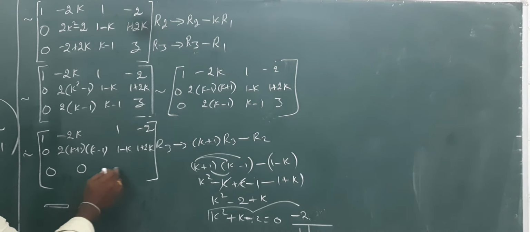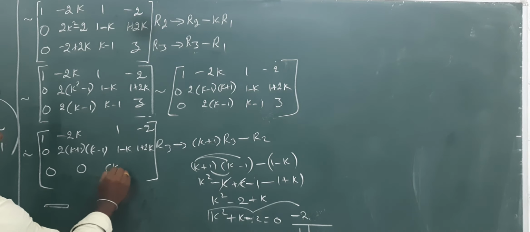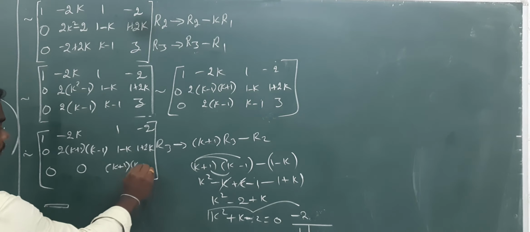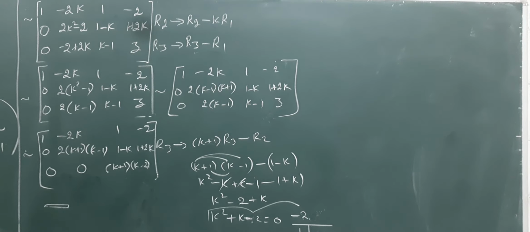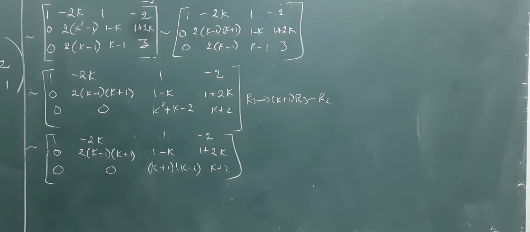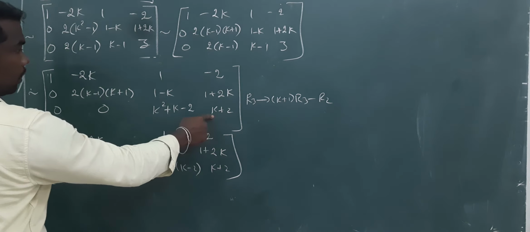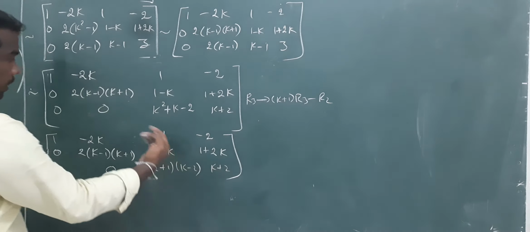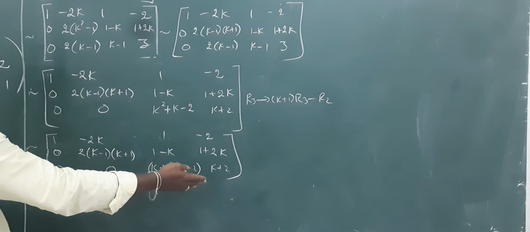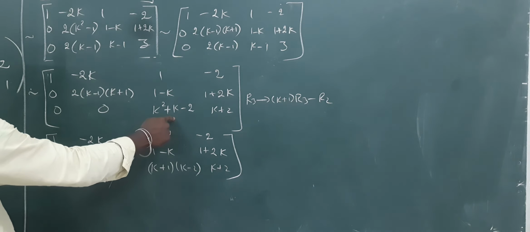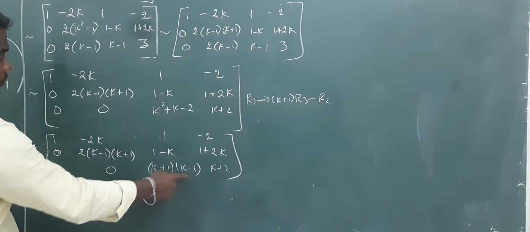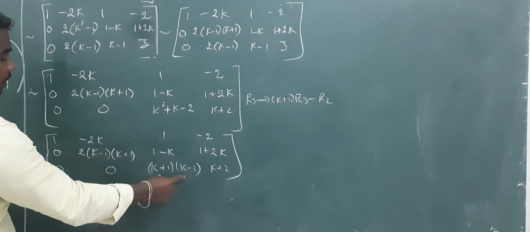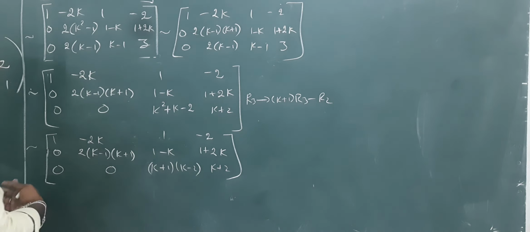So it will become k plus 1 into k minus 1, k minus 2. Already I found the k square plus k minus 2; the factor is k plus 1 into k minus 2. Now we guess the k value, then it will change the matrix.